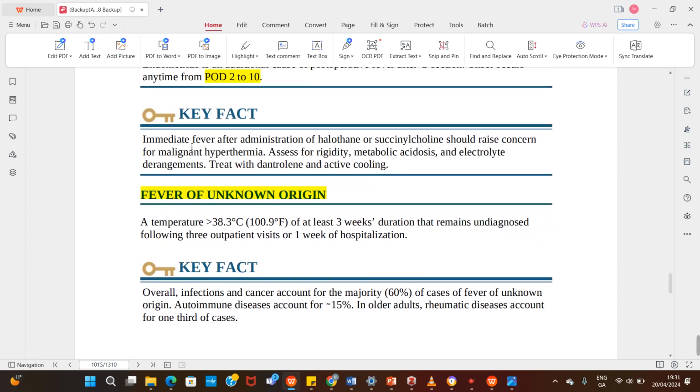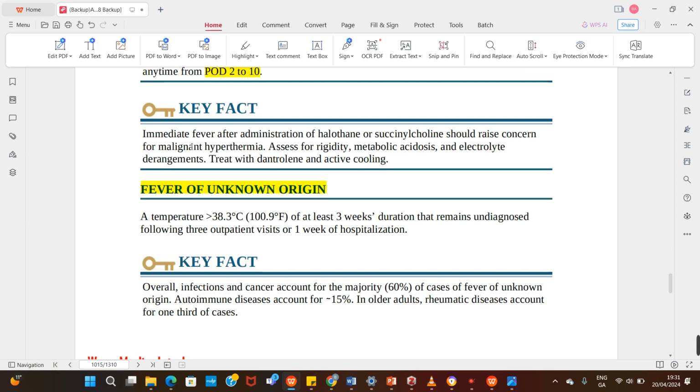And we have talked about malignant hyperthermia. We have talked about the pathophysiology. We have talked about the presentation: the fever, the rigidity, the electrolyte derangement, because when the muscle is rigid and contracting massively, it will release myoglobin and potassium. So there is hyperkalemia.